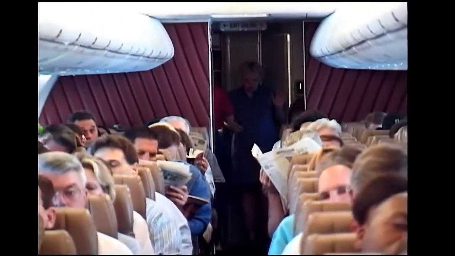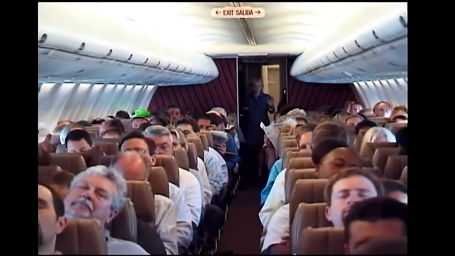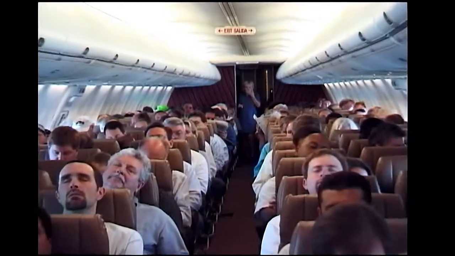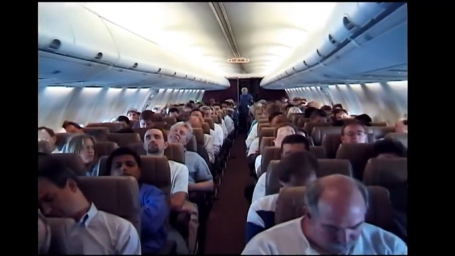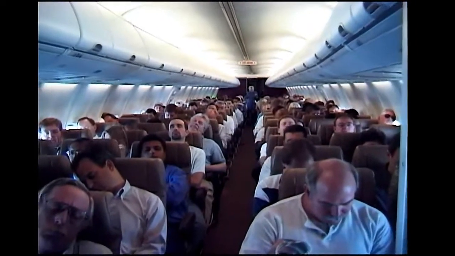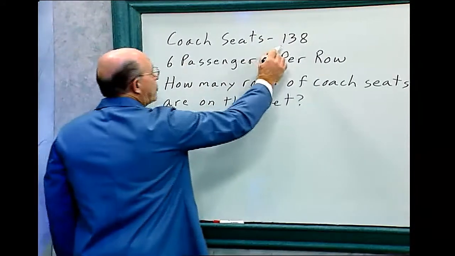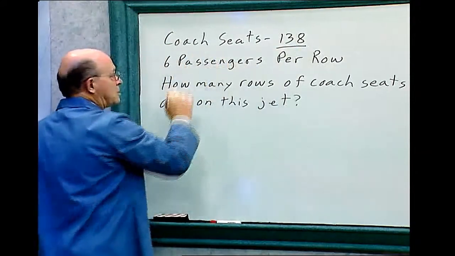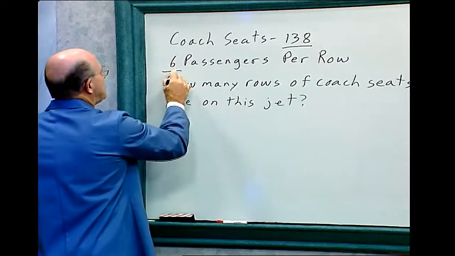If this jet seats 138 passengers in the coach section, and each row seats 6 passengers, how many rows are on this jet for coach passengers? Let's do the math. On this jet, it has 138 coach seats, and each row has 6 passengers.